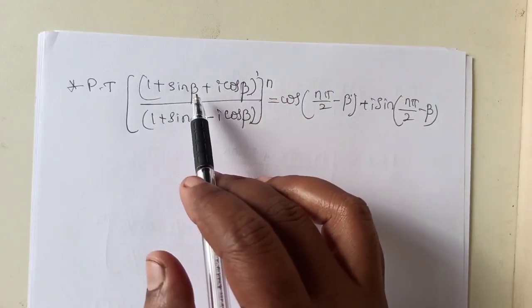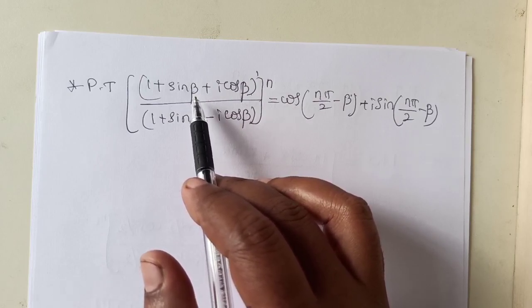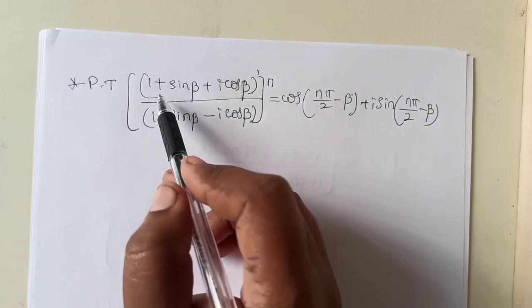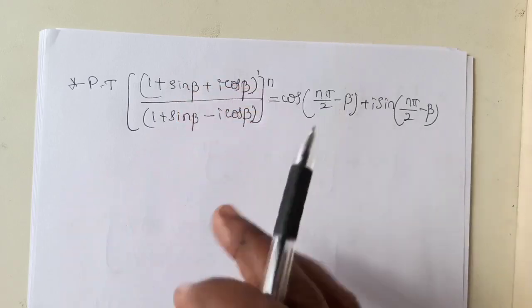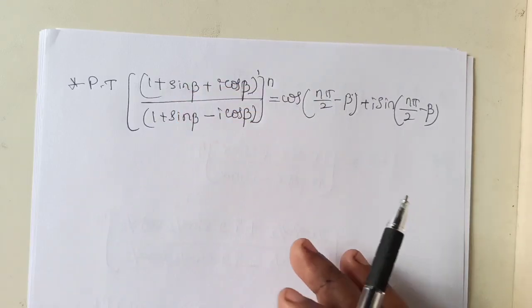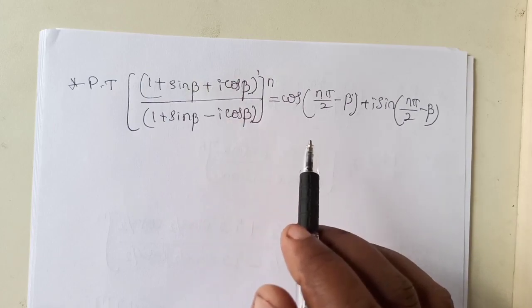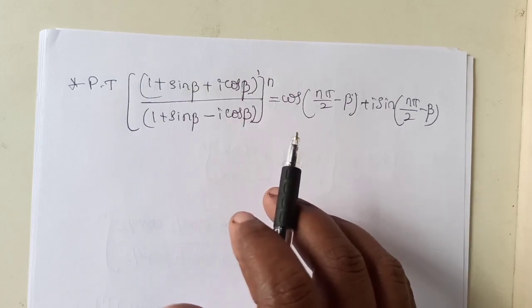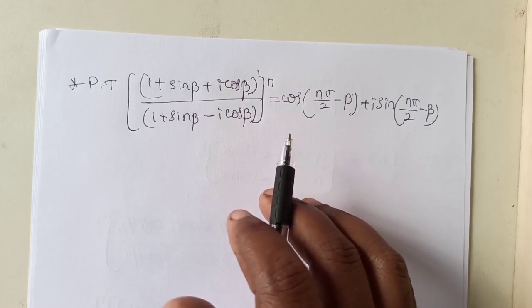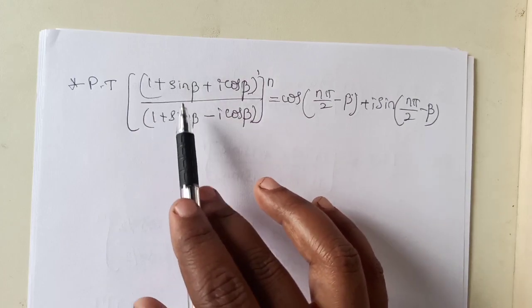As I already discussed, wherever we have the sin plus i cos form, we have to change the angle, that is, we have to change beta to pi by 2 minus beta. On changing to pi by 2 minus beta, we get the sin terms in terms of cos.